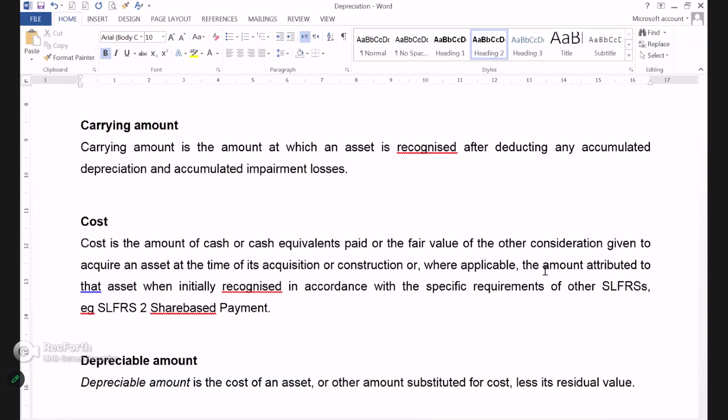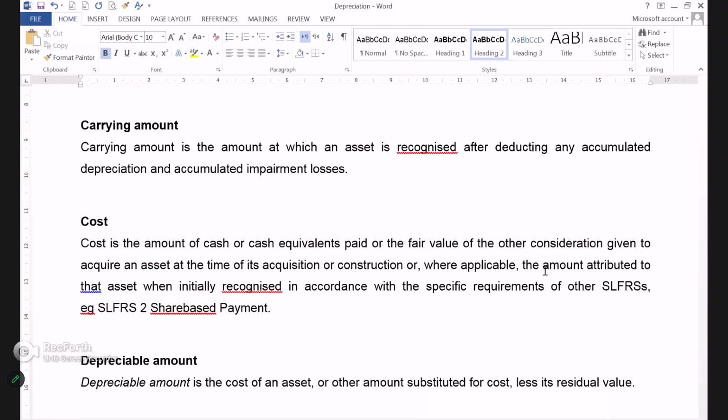So the carrying amount means the cost minus accumulated depreciation. The depreciation differs from the accumulated depreciation. The depreciation is calculated annually. Continuously adding the annual depreciation is called accumulated depreciation.